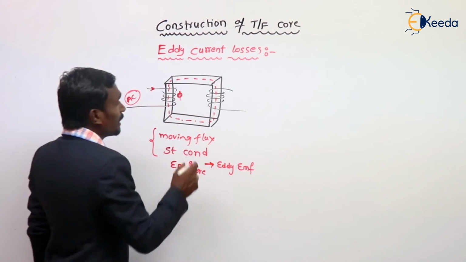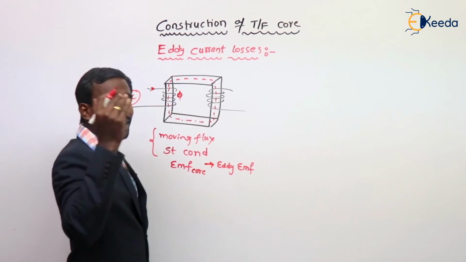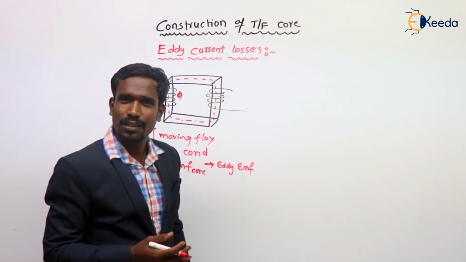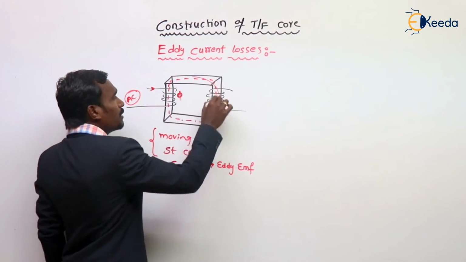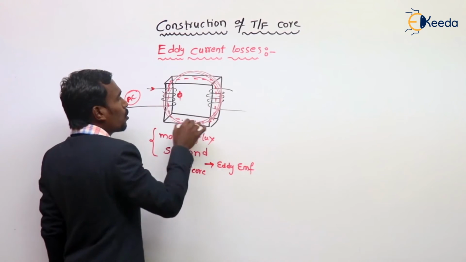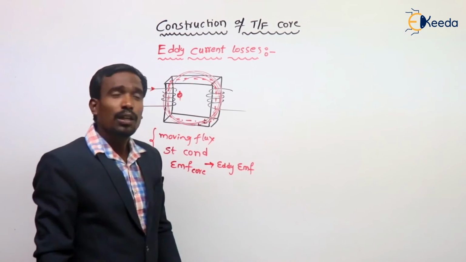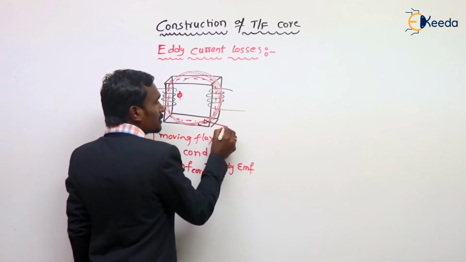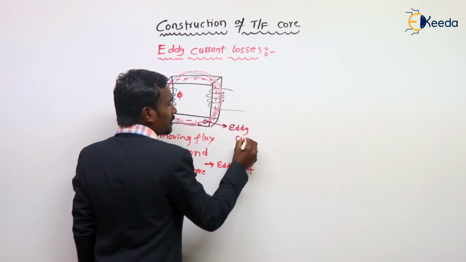Of course, EMF is induced in this core, and this core has many closed paths. EMF is there and closed paths are also there. Then what happens? Some currents will circulate in the core. Those currents are called circulating currents or eddy currents.